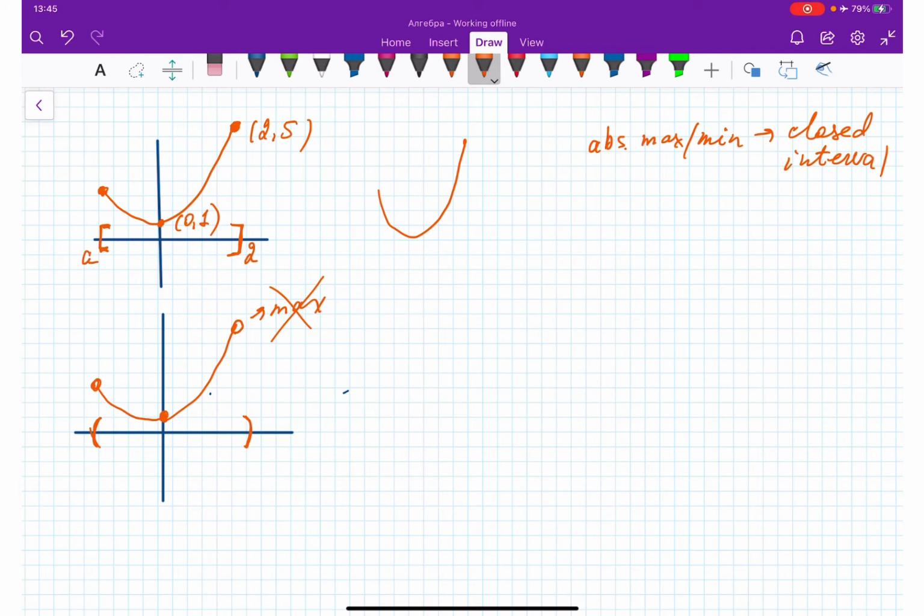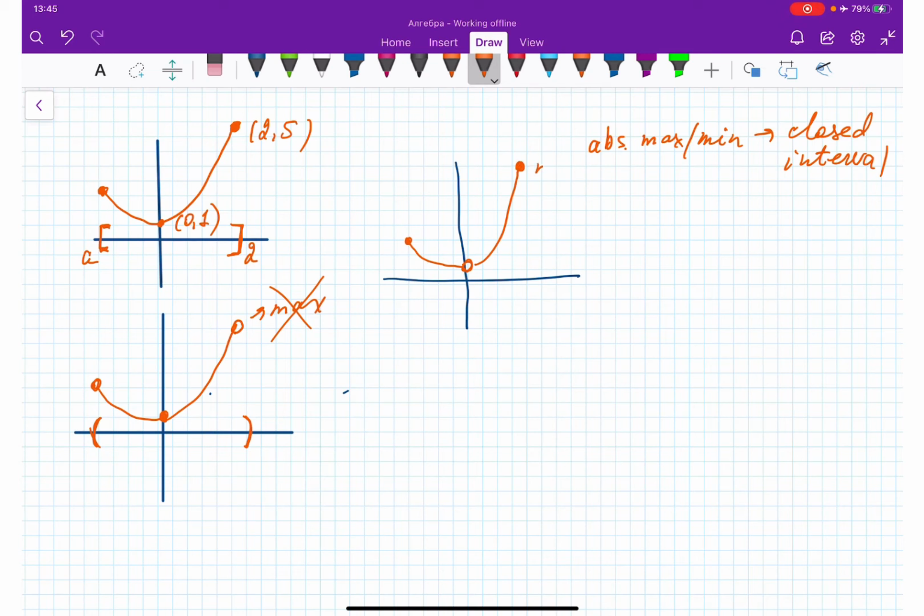Now, is it necessary that on a closed interval we will have a maximum and a minimum? Absolutely not. Let me show you an example. Let's say it's a closed interval, here I have a break, an empty circle, and here I have this.